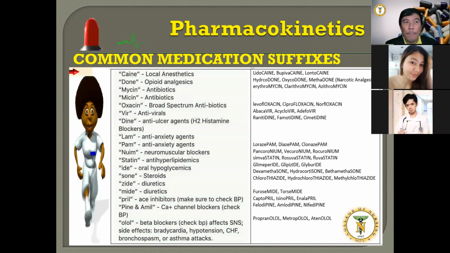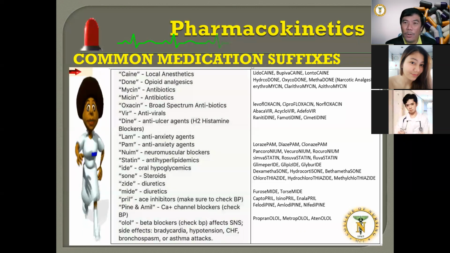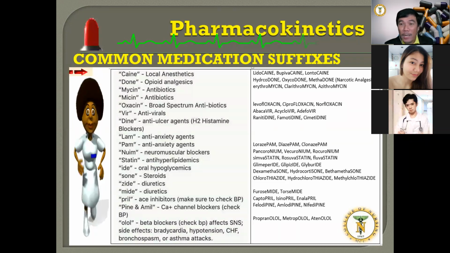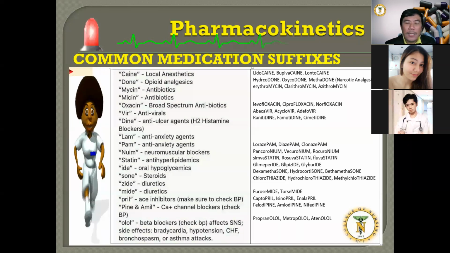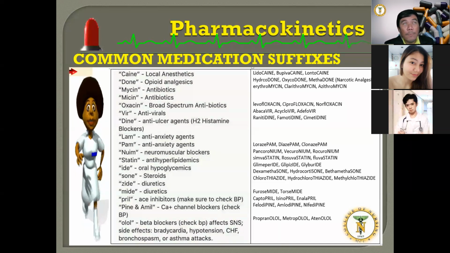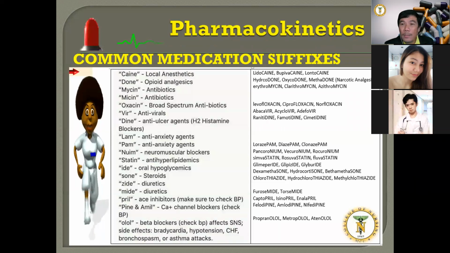Molnupiravir. From the suffix vir, you will be aware that it's an antiviral, and it obviously targets SARS-CoV-2. Aciclovir is also being given for chickenpox, and the cause of chickenpox is a virus.